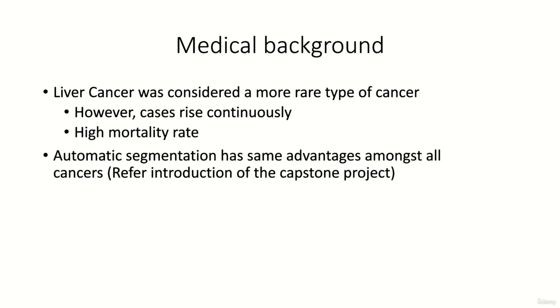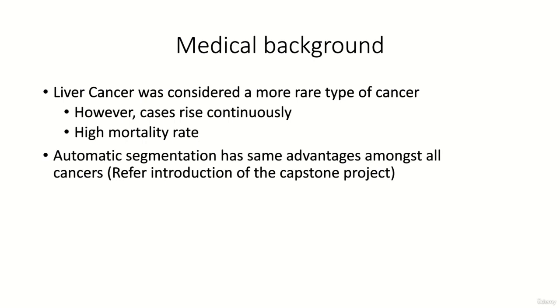Therefore, as with the segmentation of lung cancer, this task is highly relevant. Note that the advantages of automatic liver cancer segmentation are identical to those of lung cancer segmentation. In fact, typically amongst all cancers. Please refer to the introduction of the Capstone project for more details.